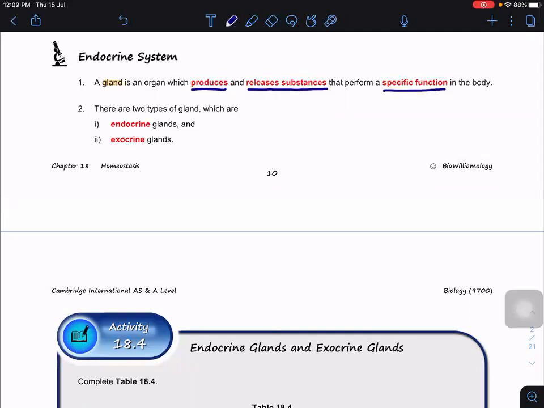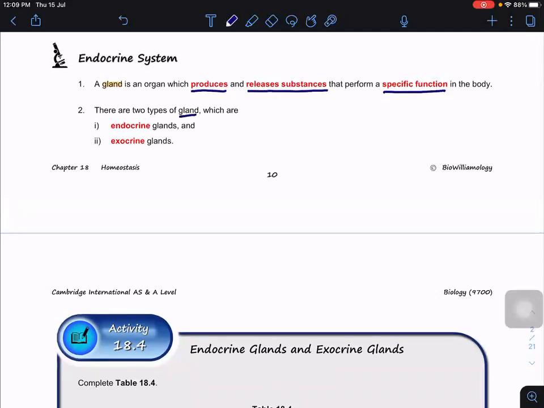There are 2 types of glands: endocrine glands and exocrine glands. The word endo means inside, exo means outside. Exocrine glands secrete onto the surface of the epithelium, for example on your skin or your mouth epithelium.